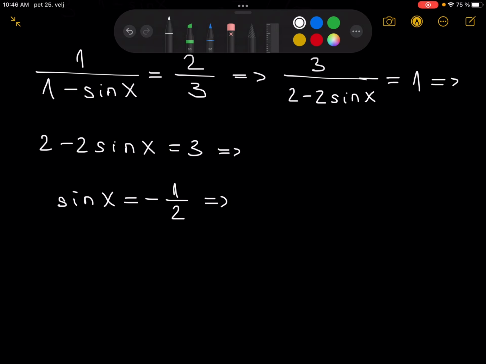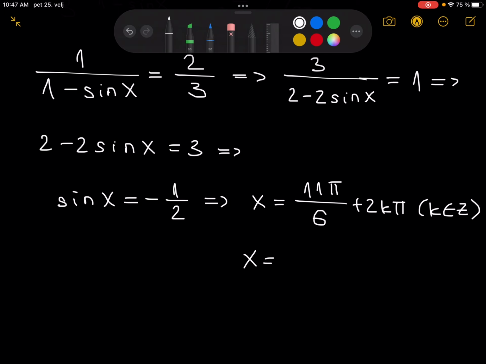So from here, it follows that x is equal to minus pi over 6, which is just the same as 11 pi over 6 plus 2k pi, where k is of course an integer, or x is equal to 7 pi over 6, that's the solution in the third quadrant, plus 2k pi, and of course k is an integer.